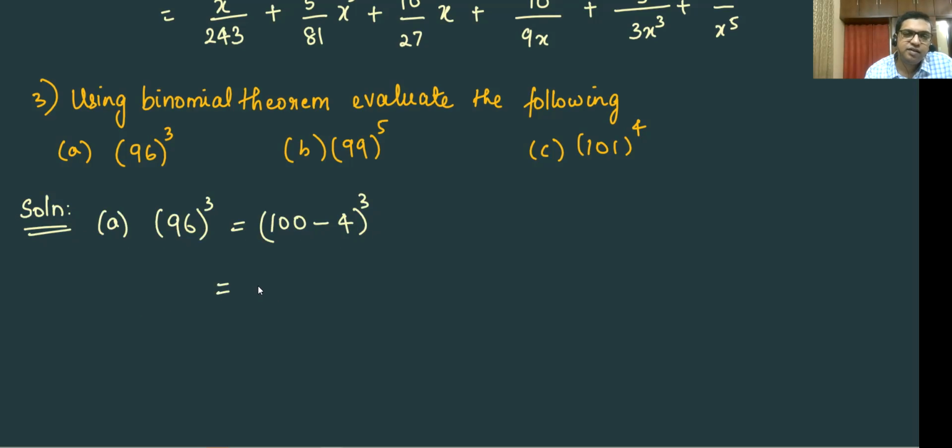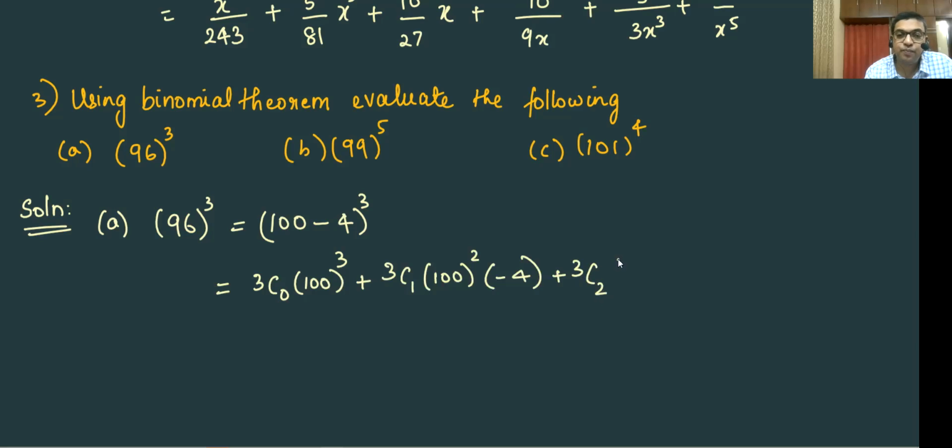Then we get 3C0 into 100 whole cube, plus 3C1 into 100 whole square into minus 4, plus 3C2 times 100 into minus 4 whole square, plus 3C3 into minus 4 the whole cube.